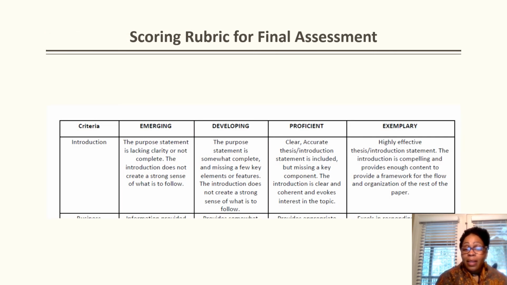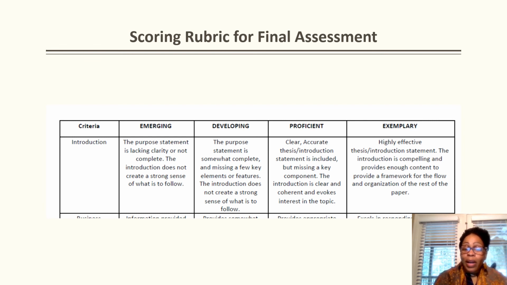The last thing then that I would like for you to do is to utilize your scoring rubric. At the very least, you want to start at the proficient column. For the purposes of this presentation, I only limit it to one criterion. But of course, when you look through this particular assessment, I believe there are 6 criteria. So what you'll do is just start at the very least at the proficient column.